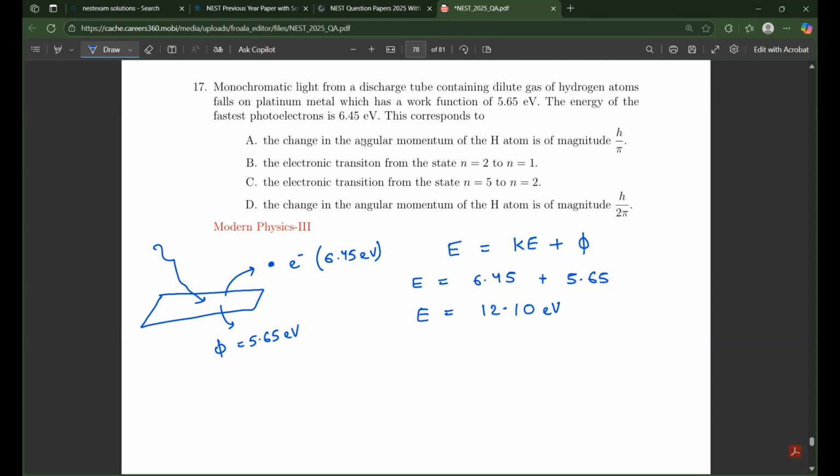Now we have to check each and every option, and based on that we have to calculate which is the correct option. So first of all, let's check the electronic transition.